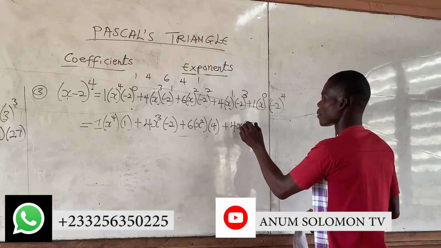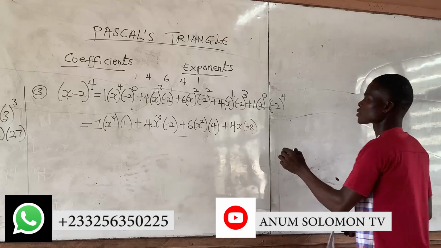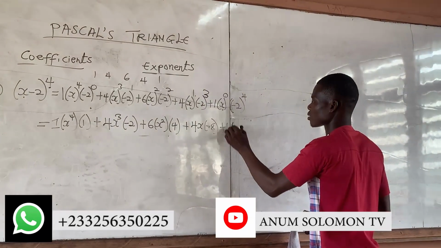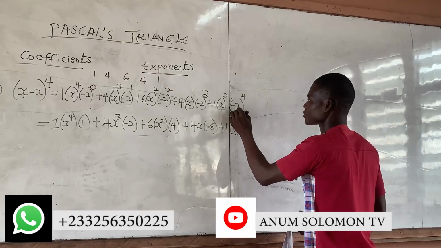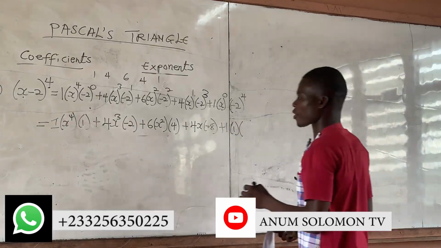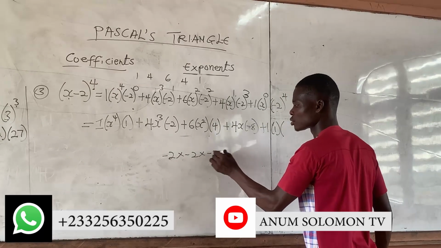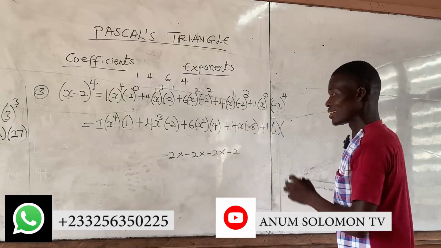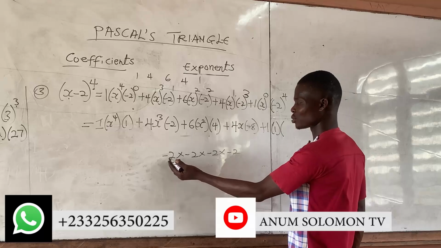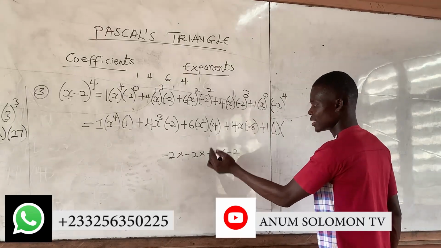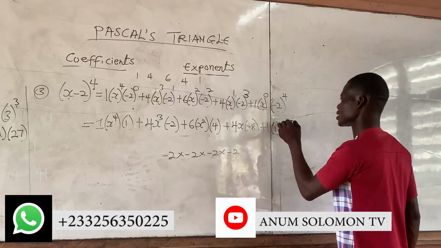So we have our minus 8, plus the 1 here, x to the power 0 is 1, times negative 2 to the power 4. That's minus 2 times minus 2 times minus 2 times minus 2. Minus 2 times minus 2 is 4. 4 times minus 2 is minus 8. Minus 8 times minus 2 is positive 16.